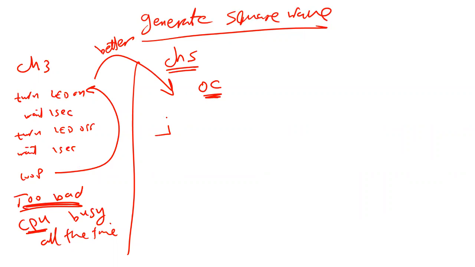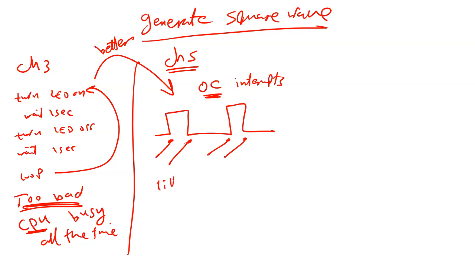I can generate a square wave using output compare and using interrupts. That's true. You are going to have an interrupt here, an interrupt here, an interrupt here. So I'm going to take just a little time from the CPU to serve the interrupt here, and here, and here, okay?